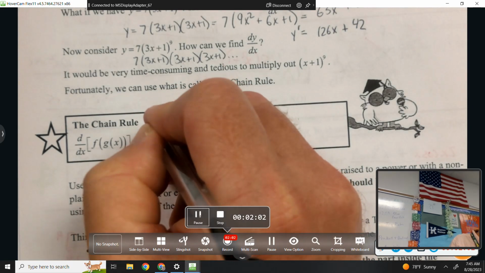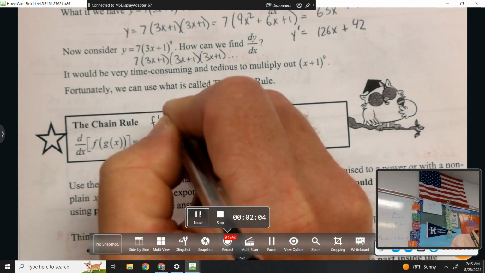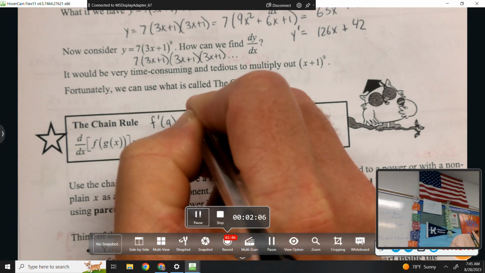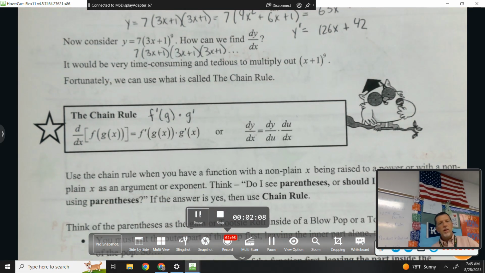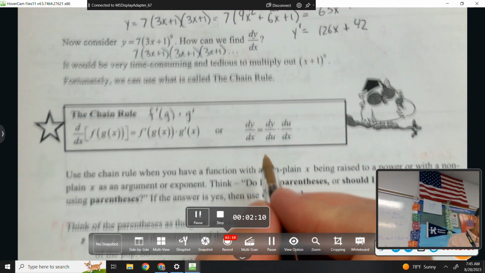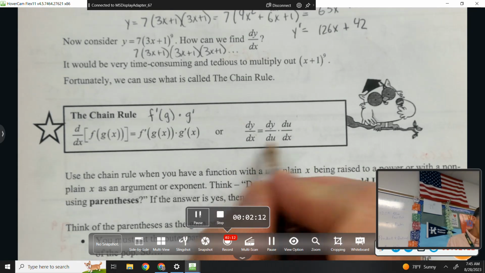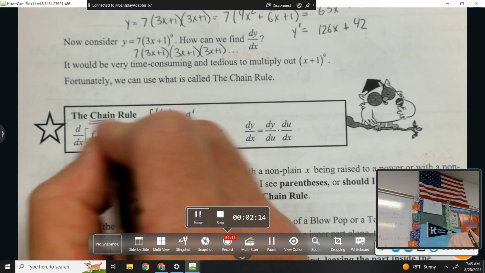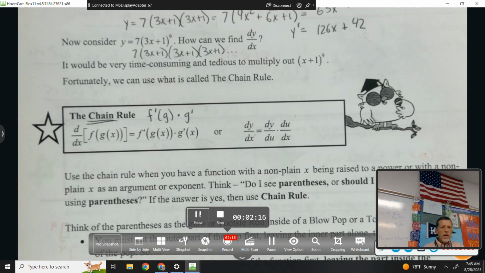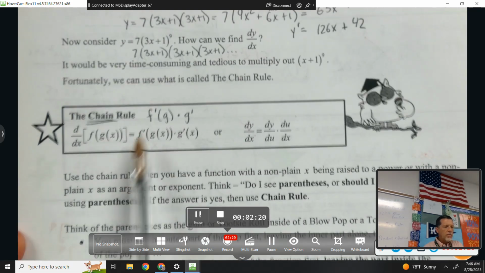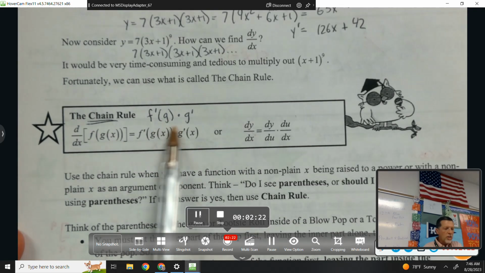I'm going to rewrite it without the x's: f prime of g times g prime. I wouldn't worry about this other one just yet. It's chained because we chain the f and the g together by multiplication.